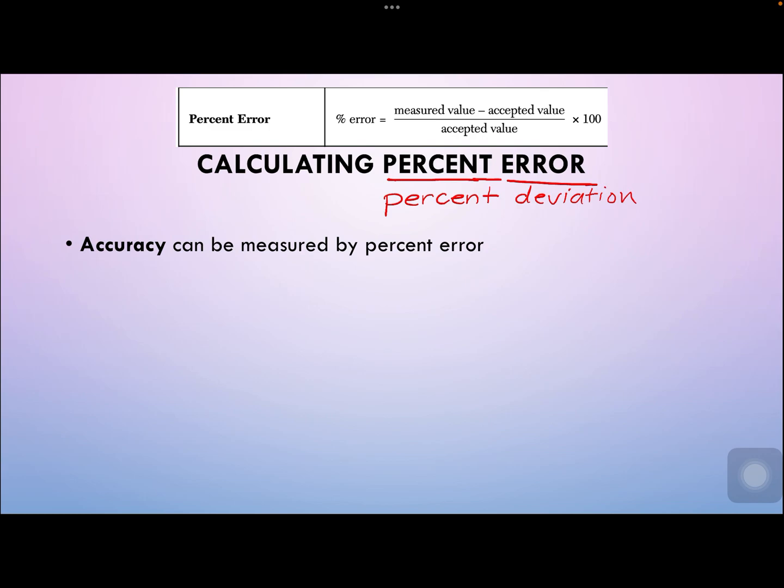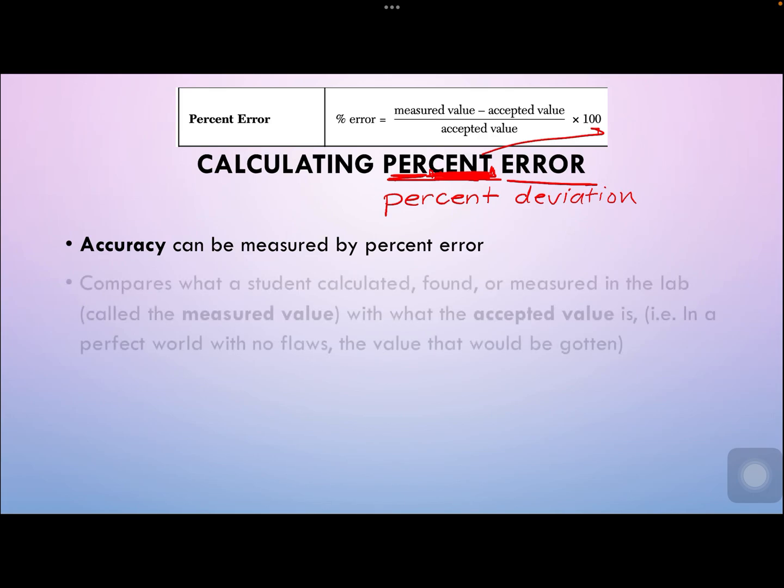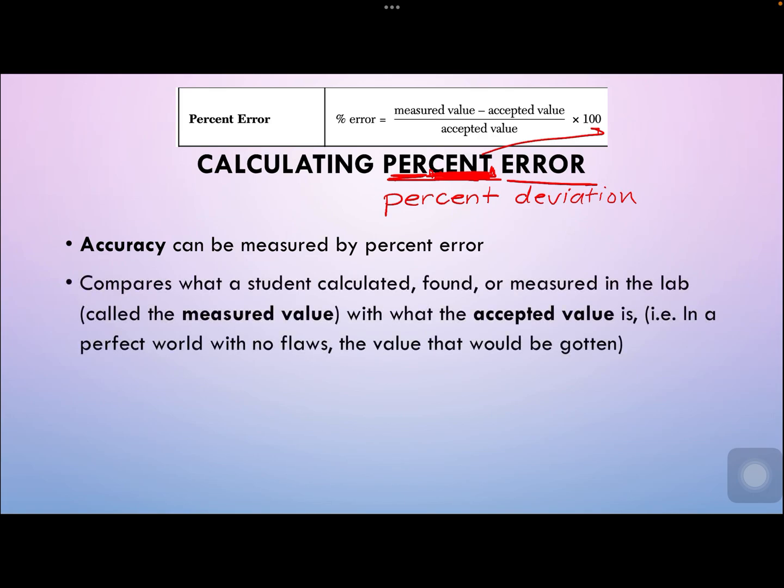We do a lot of things with percent in here. Anytime you're talking about percent, remember that prefix, when we talked about centimeters, cent means 100. So we're looking at what the quantity is out of 100. So the first example problem that you have, the definition of this, sorry. What percent error does is it compares what a student calculated or found or measured in a lab.